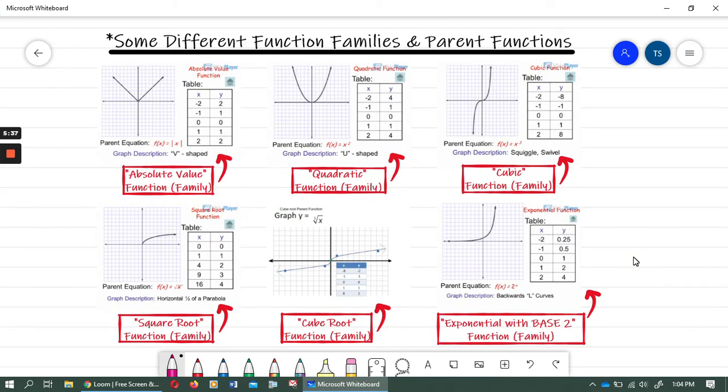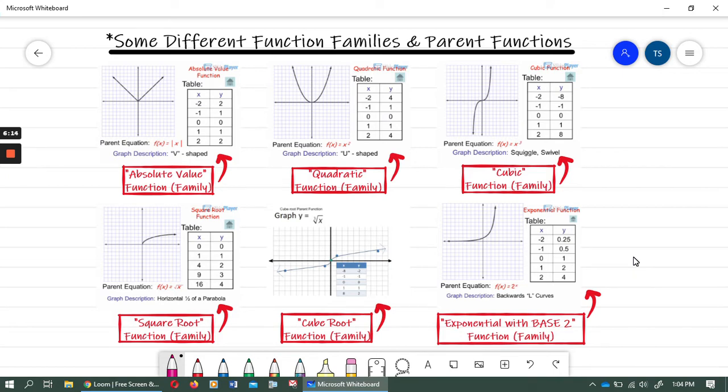So here I've got some different types of function families. There are a whole lot more types of function families, but here I've only got 6 specific types of families of functions listed. We don't have time to list all types of families of functions, so we just have some of them listed here.